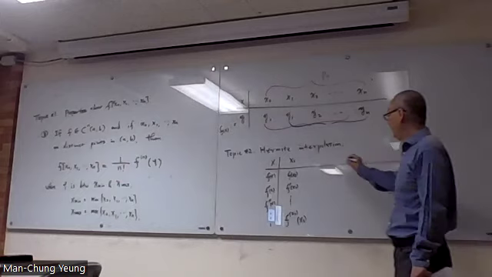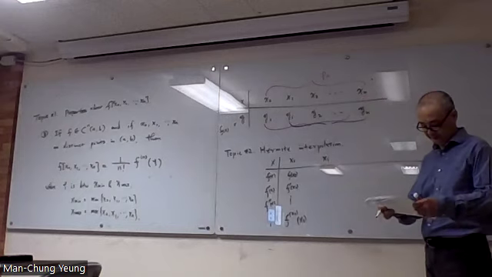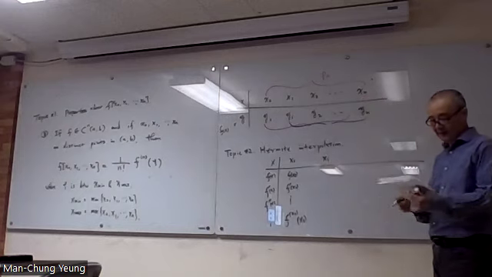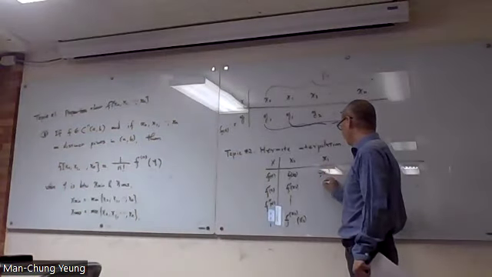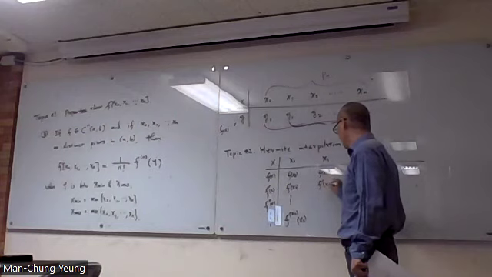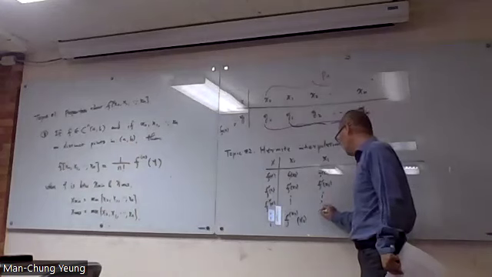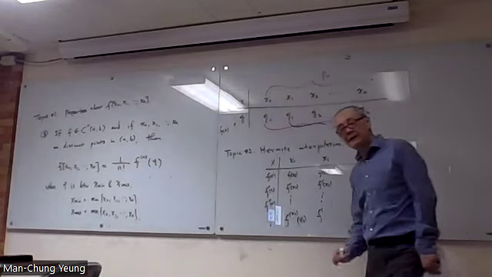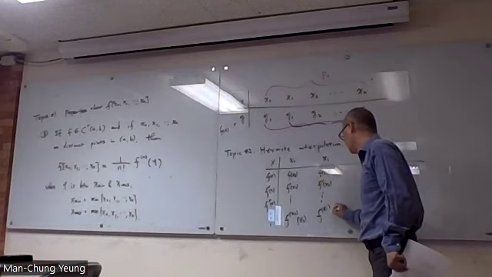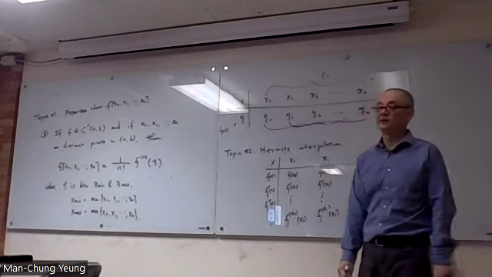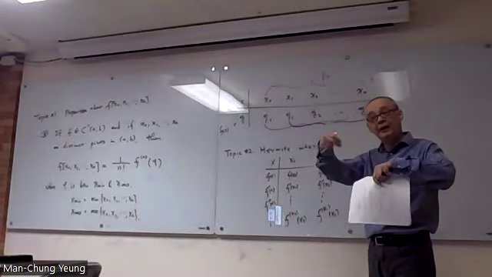Now at x1, suppose we know the function value and the derivative at x1, up to k1 times. K0 and k1 may not be equal.